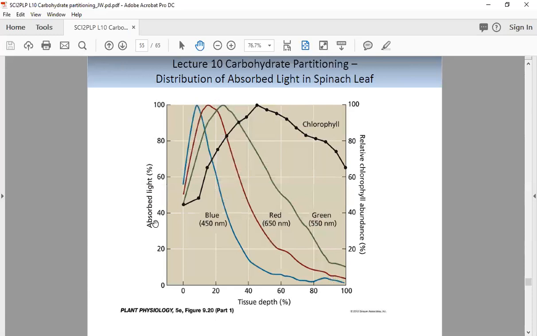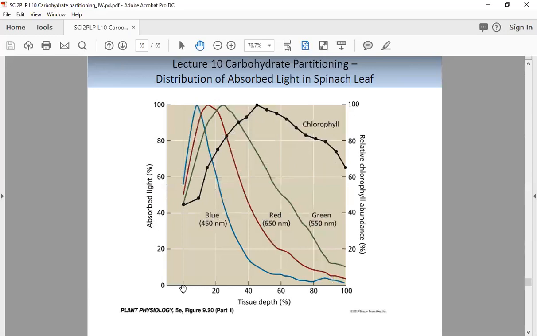So we can see here chlorophyll content. Here it is. So following this black line, that's shown as a function of tissue depth.